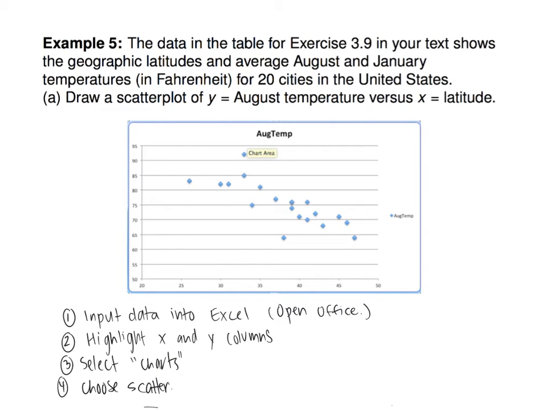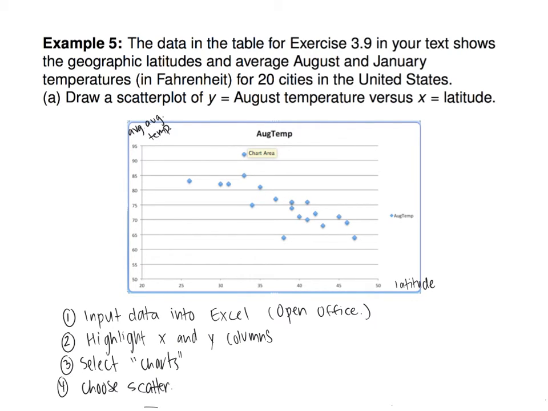And here you're going to get something that looks like this. On the bottom axis X is the latitude, and on the Y axis is the average August temperature.